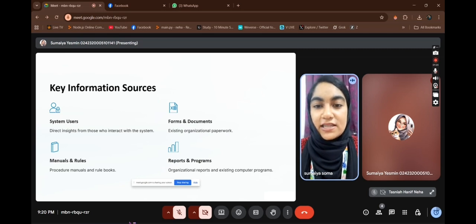These are existing organizational paperwork that gives us structural information. Finally, reports and programs, which include organizational reports and any existing computer programs. These help us understand the current processes and performance. Together, these sources give us a complete picture for effective analysis and decision making.